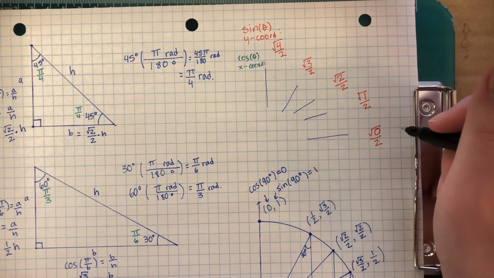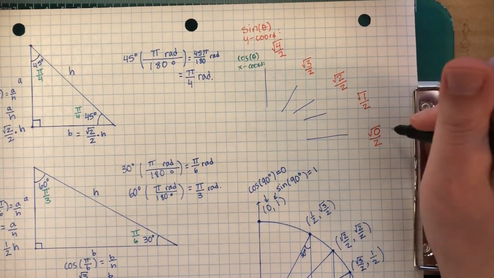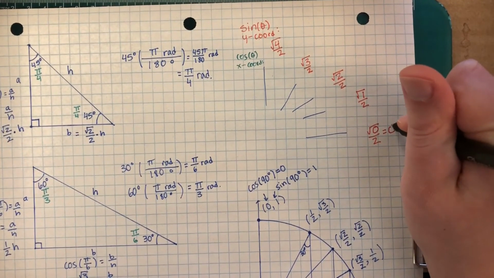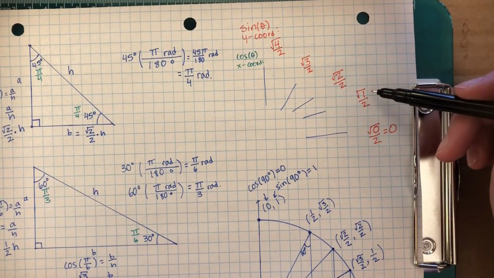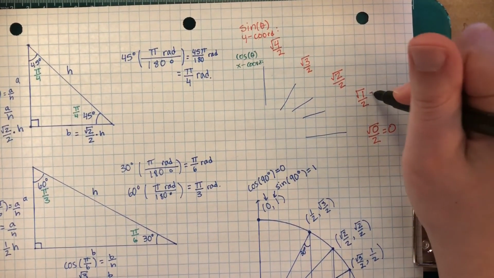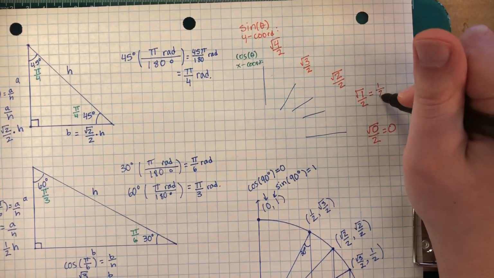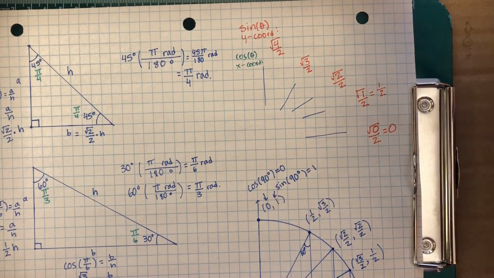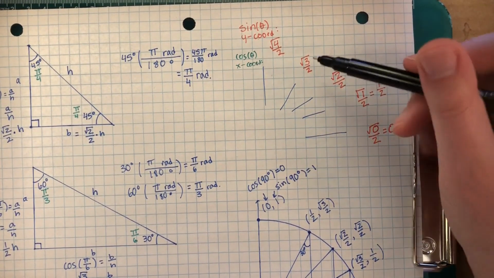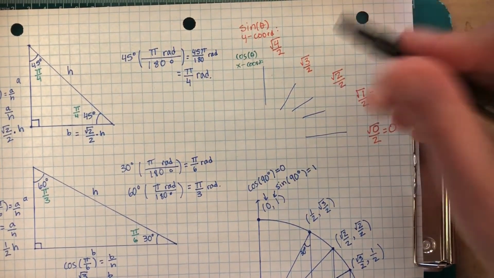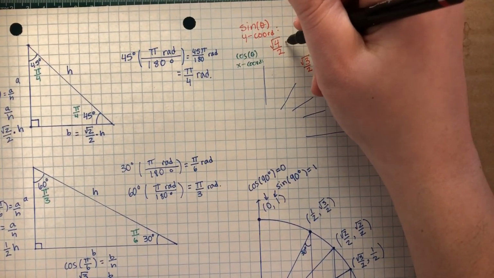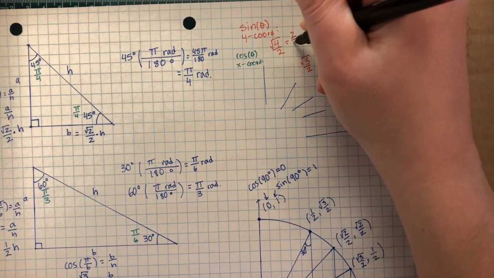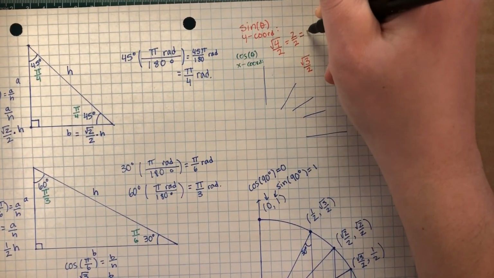Square root of 0 is just 0. Dividing 0 by 2 is still 0. So this just equals 0. The square root of 1 is just 1. So this equals 1/2. This one doesn't simplify. This one doesn't simplify. And then the square root of 4 is 2. So that makes 2 over 2, which equals 1.